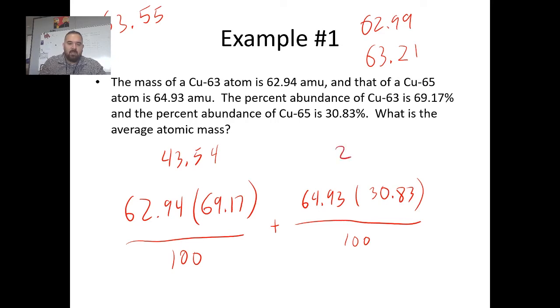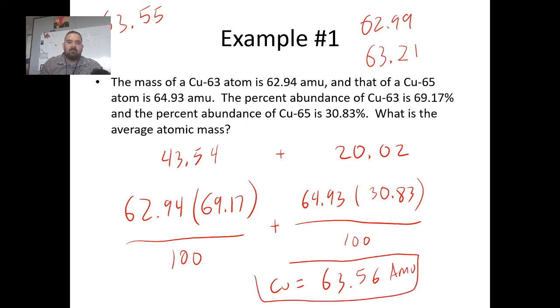This should be 20.02. And then we just add these numbers together: plus 43.54. You should have gotten 63.56. If you got 63.55, that's perfectly acceptable. So your answer should say Cu is equal to 63.56 AMU. And then we box it up. And then we move on to the next one.